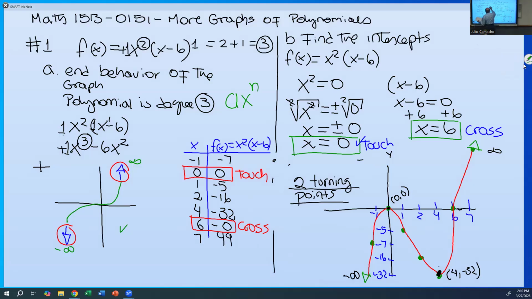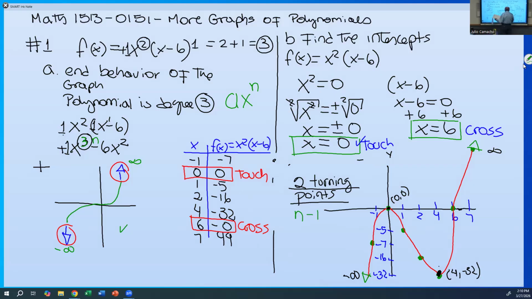And we know that 3 is the exponent because you added the exponent 2 plus the exponent 1 and you get exponent 3. When you FOIL or use the distribution property for multiplication of the factors, you end with the exponent 3, and that is your n. So there is a formula to find how many turning points, and the formula is n, the degree of the function, minus 1.